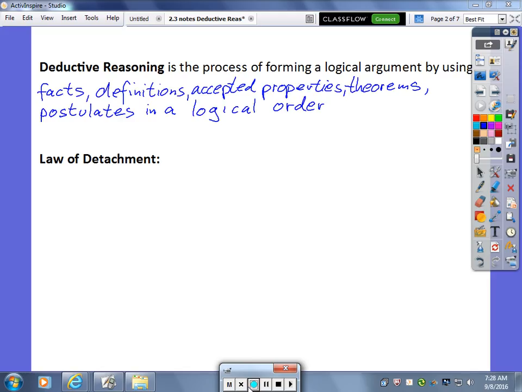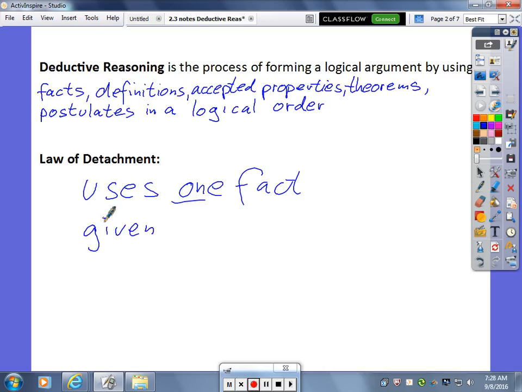The law of detachment uses one fact only, and it's usually constructed like this.